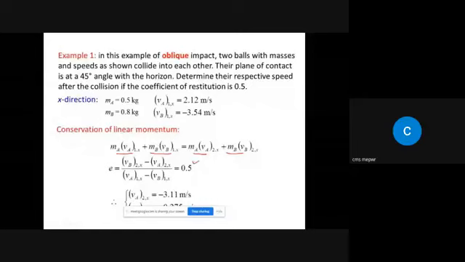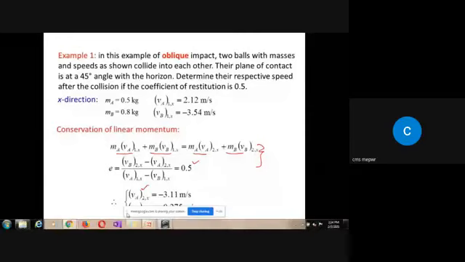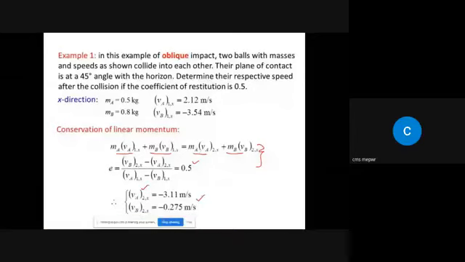By writing the respective equations and using these two, we can find VA2x and VB2x.